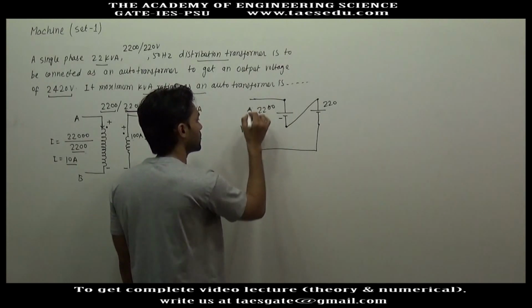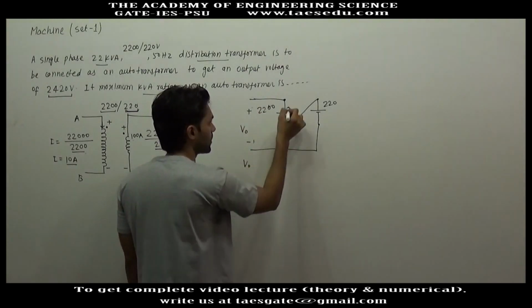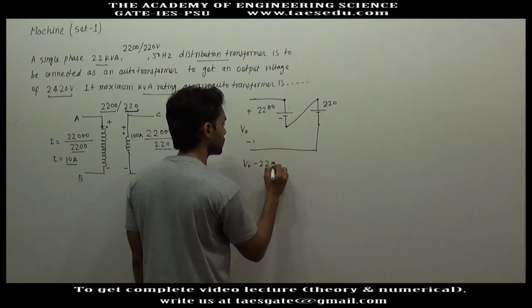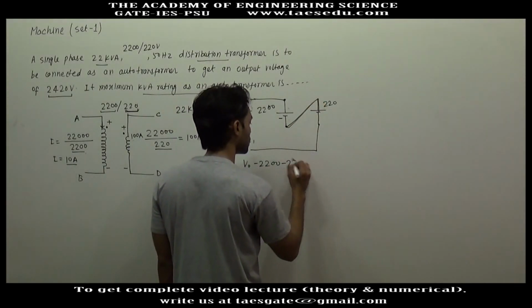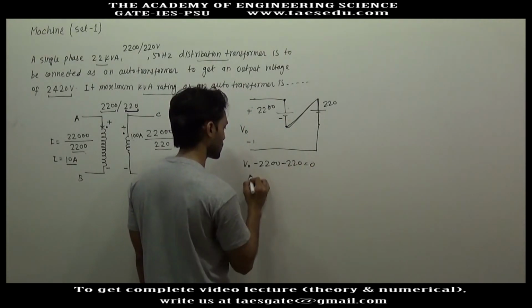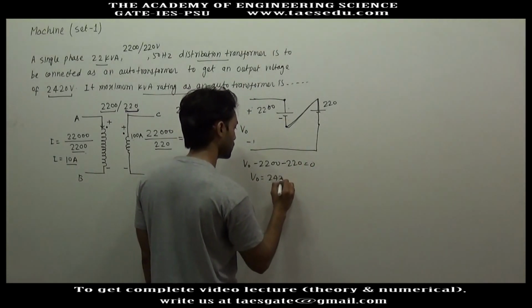If you check it, let's say this is the output voltage V0. Here you will have a gain of V0, here a drop of 2200, and moving on, again a drop. So V0 will be 2420.